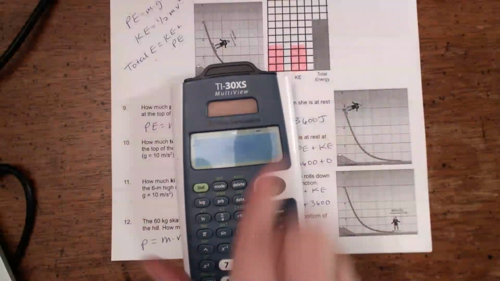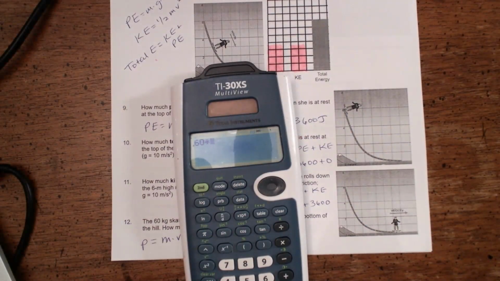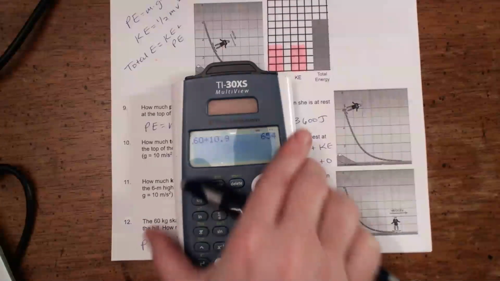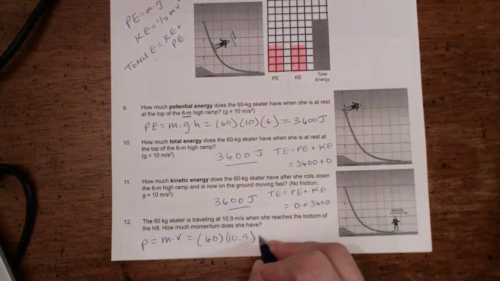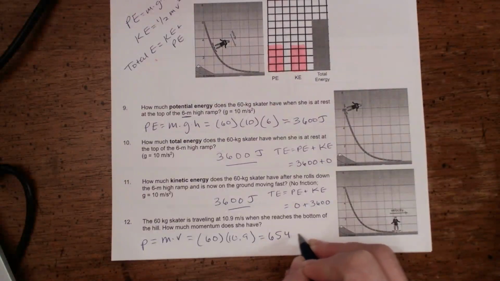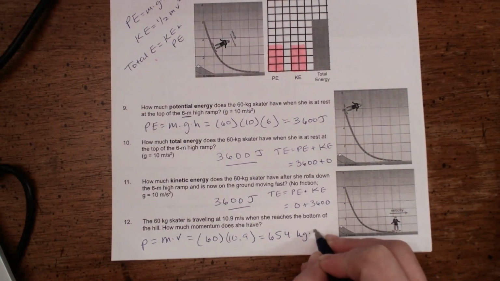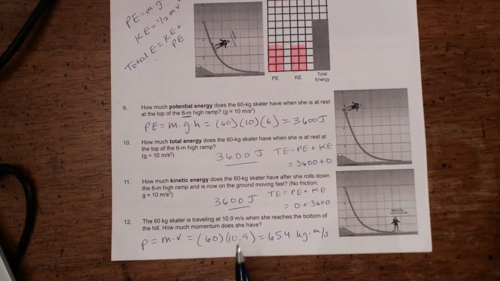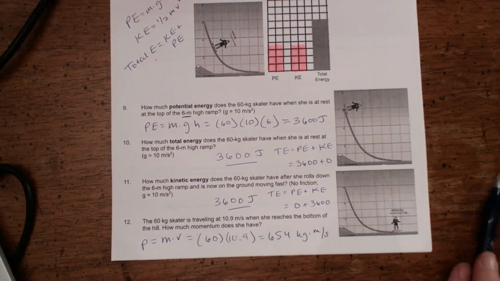Multiply those together, and that gives me 654, and that's kilograms times meters per second because I'm multiplying mass times velocity.